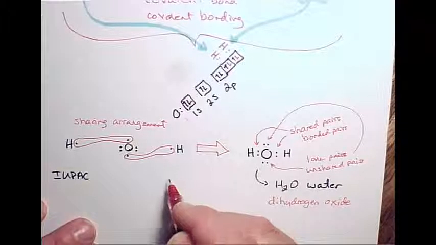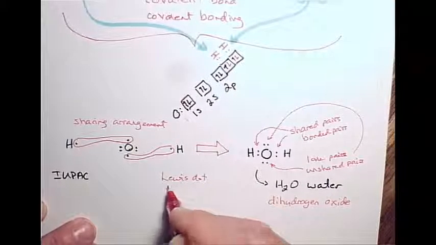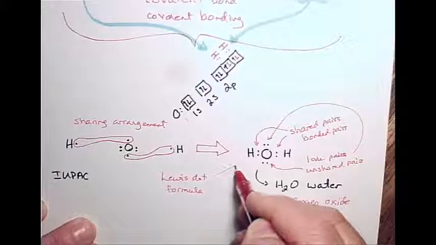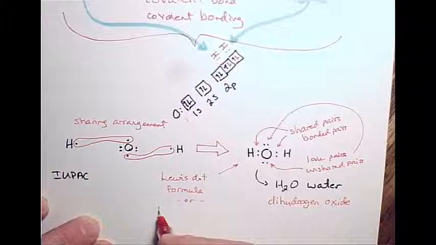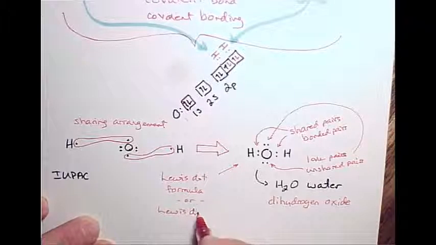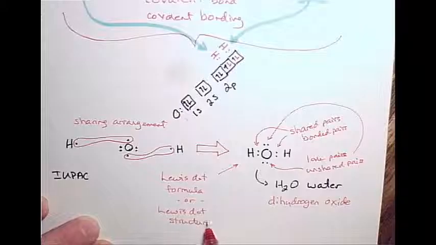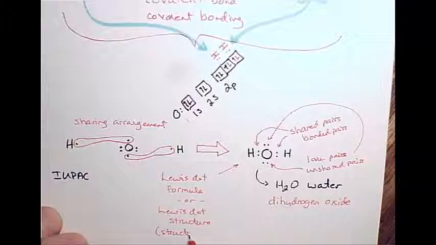So this is going to be called a Lewis dot formula, or you could also call it a Lewis dot structure. Later on in another unit, we'll learn that these kinds of drawings are called structural formulas.